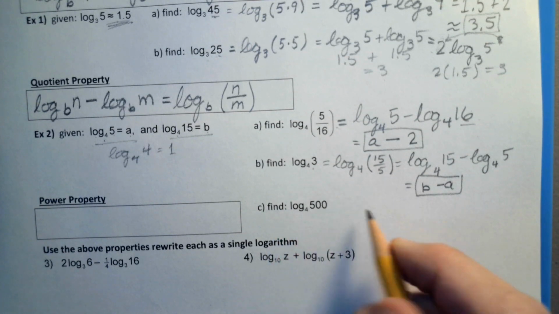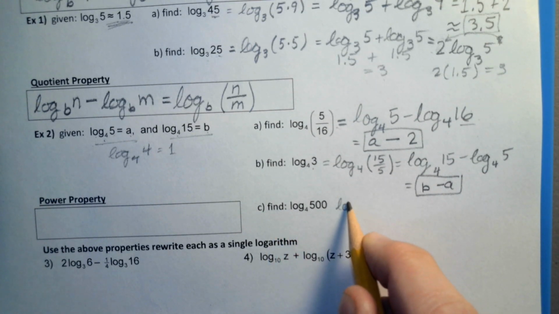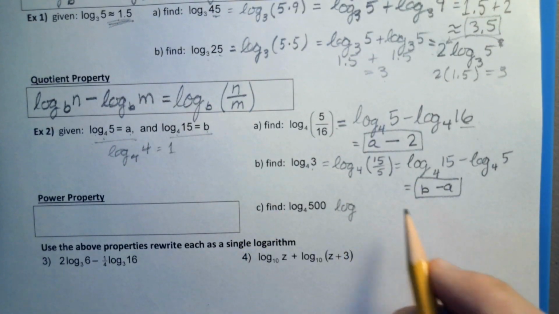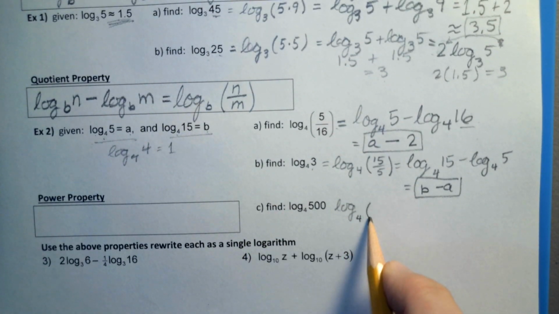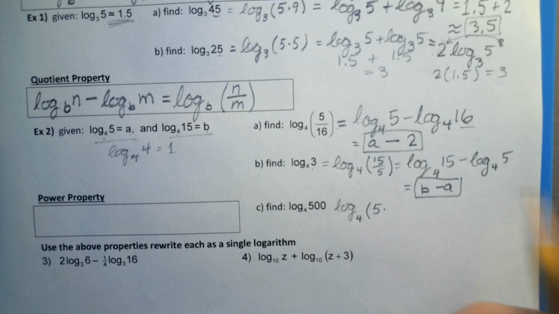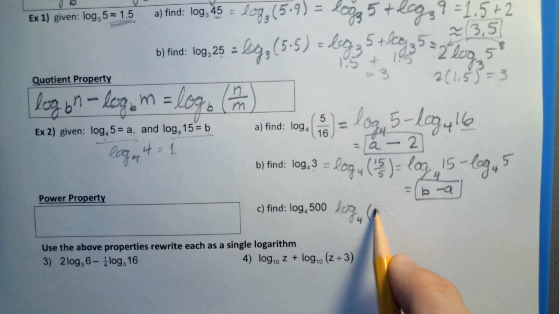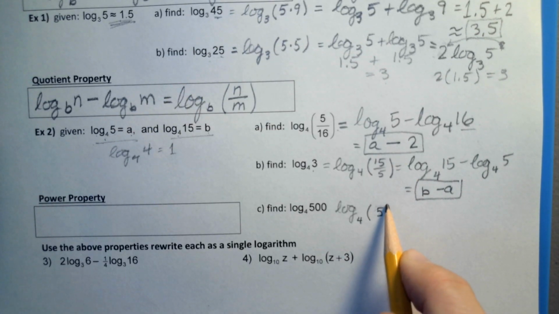So let's say maybe this may not be quotient rule. This might be other stuff, right? So log base 4 of, we could say 5 times 100, or we could say what? For 500, we could do 5 squared, which is 25.